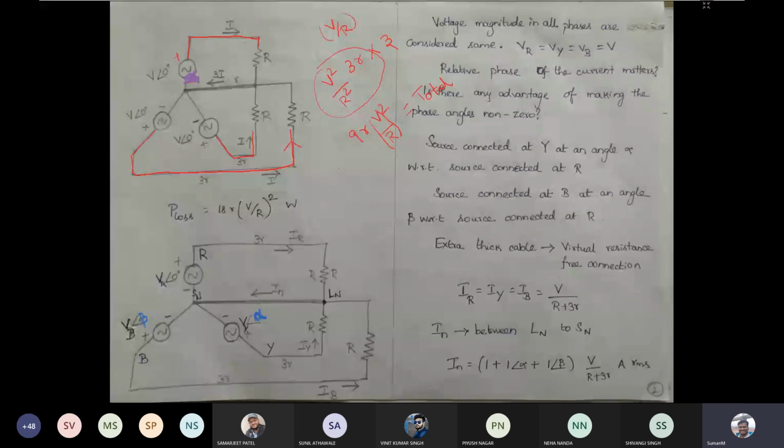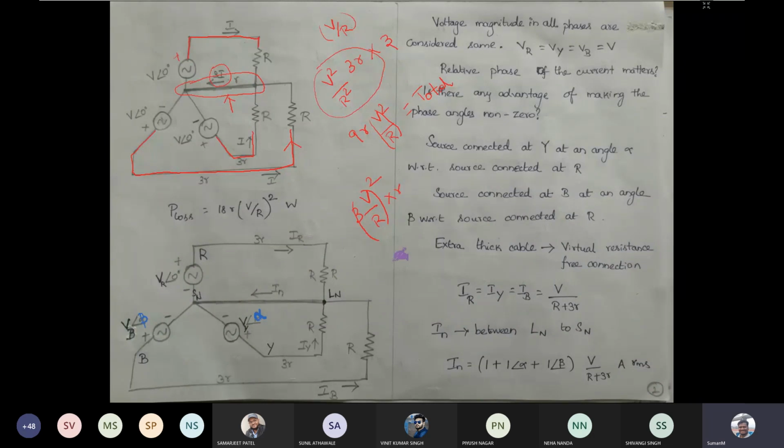Now there is one cable which is connecting this neutral and this terminal, and here also we have to find the power loss. This cable is carrying the current of 3I, so the power loss is (3 V/R) whole square into small r.